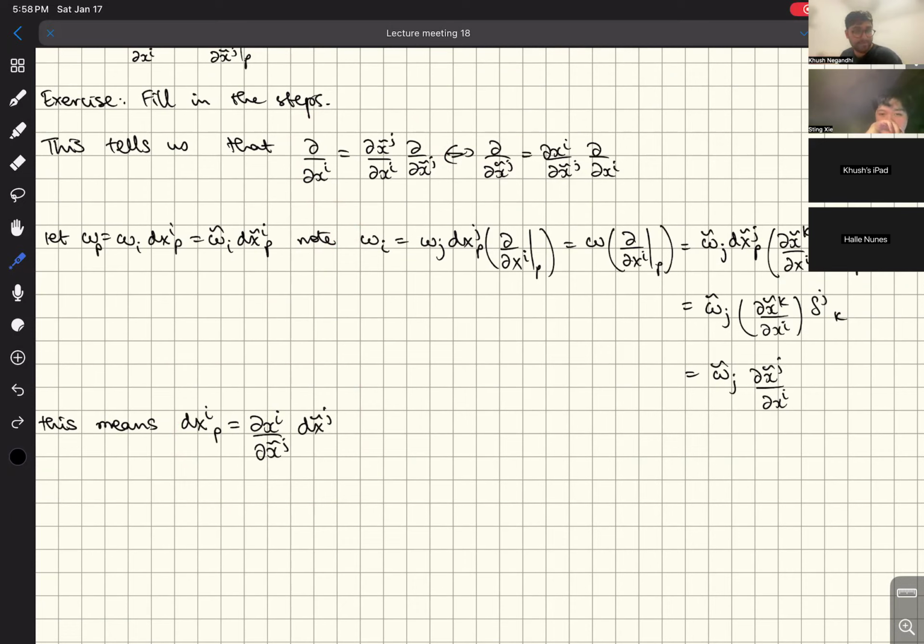Okay. So this is now the defining characteristic of the cotangent bundle. It's something that is associated to the tangent bundle in the sense that if I have some transformation law, I can take its dual transformation law and get the dual vector bundle, which is basically what we're doing here.